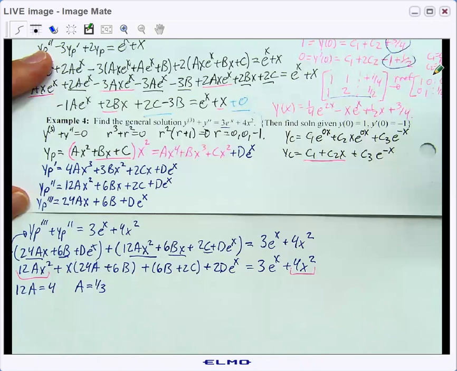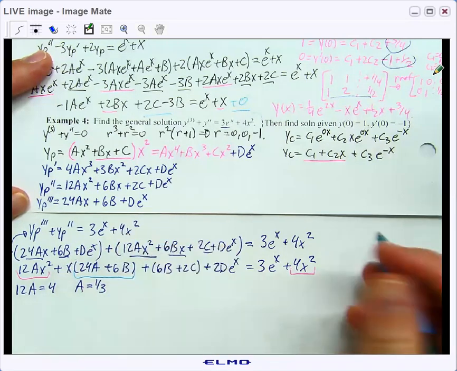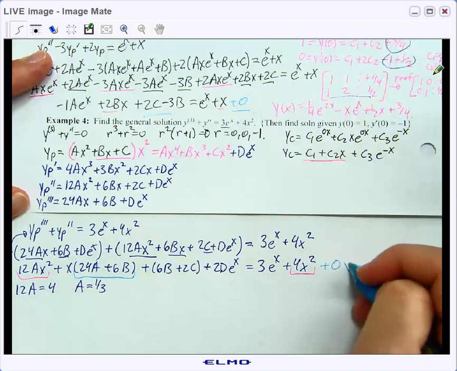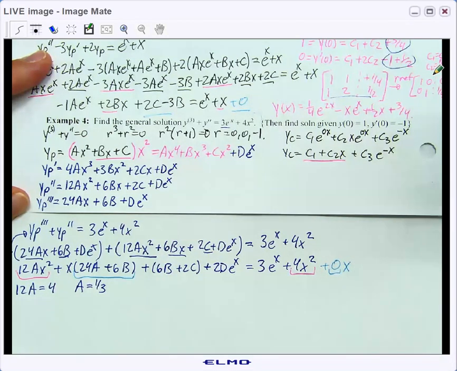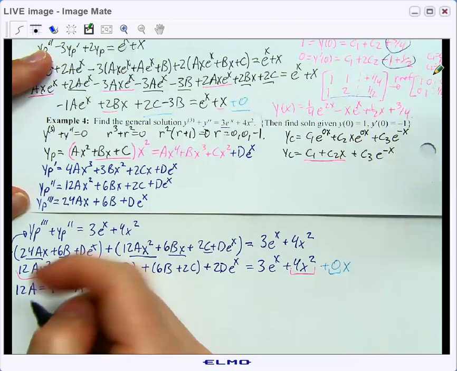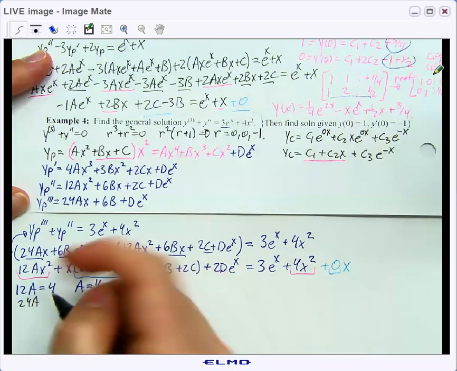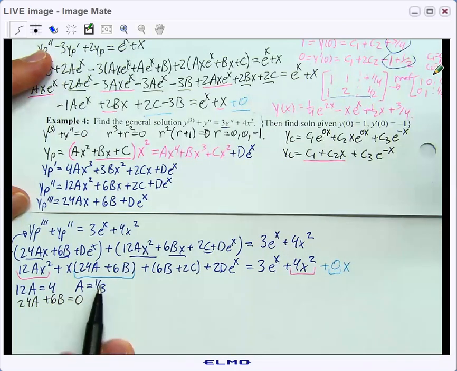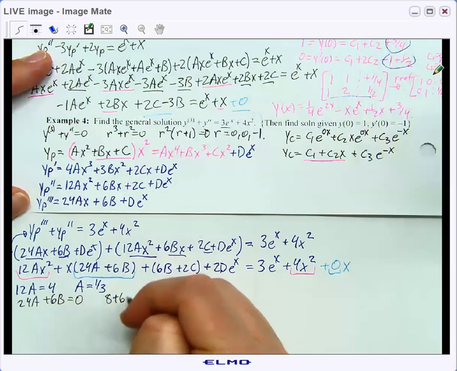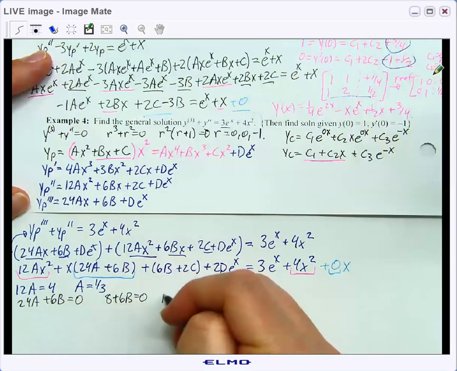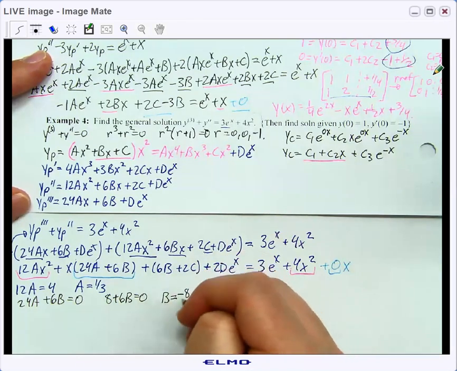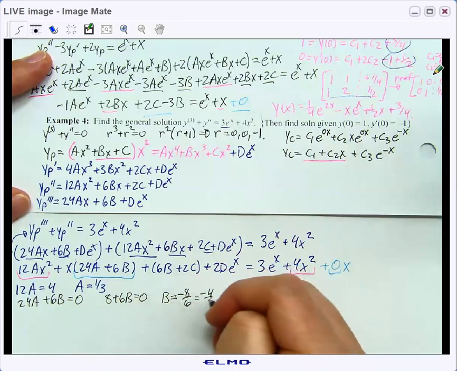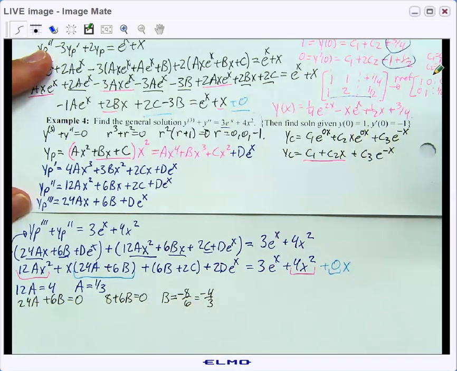Looking at the linear coefficient, this would be plus 0x, so 24a + 6b = 0. Knowing a is 1/3, this gives 8 + 6b = 0, so b = -8/6, or -4/3.